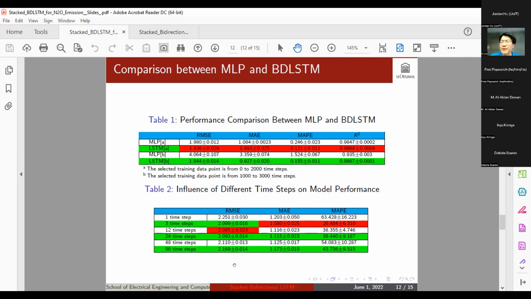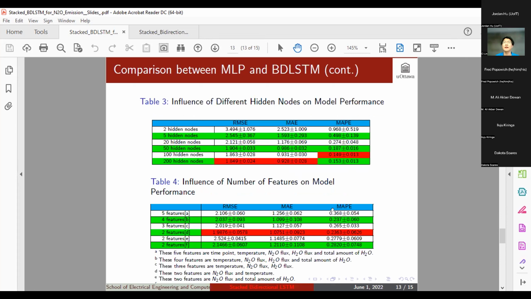We can find that in the range of 3 to 24 timestamps, the metrics don't vary too much. So we choose 12 timestamps as a good timestamp to predict the nitrous oxide using the bidirectional long short-term memory.